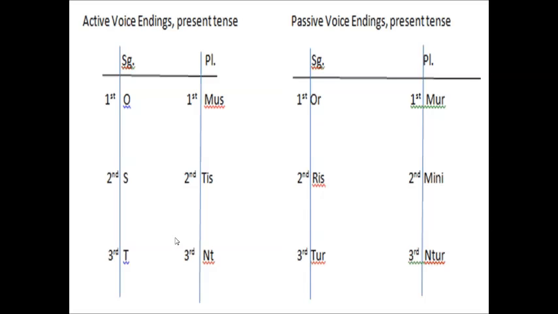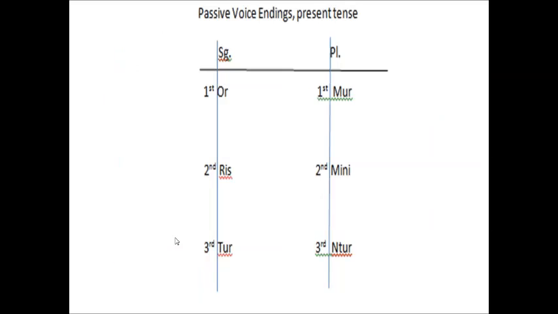So take a moment and just see how the endings are related to each other. Alright, and now if you could, please take some time to write these down, practice them, get them into your head. You can pause the video for a moment, and then we will move on.